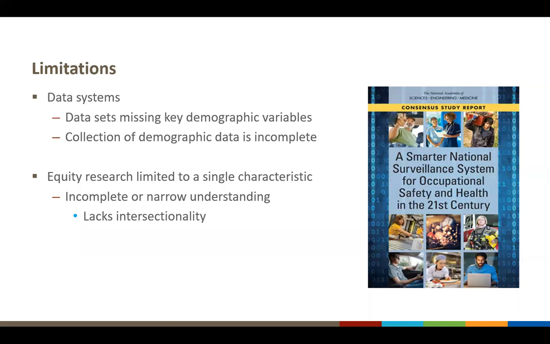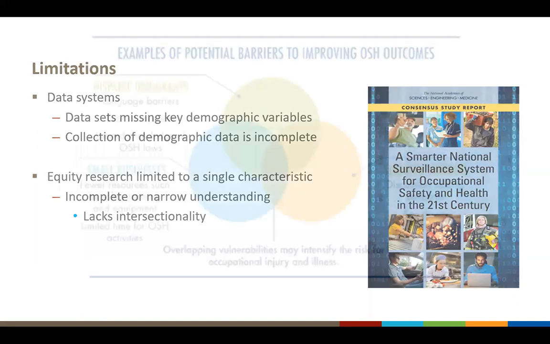A worker isn't an immigrant one day, a woman the next day, and a small business employee the following day. All of those things can overlap in their daily lives. And so our research needs to account for that complexity.